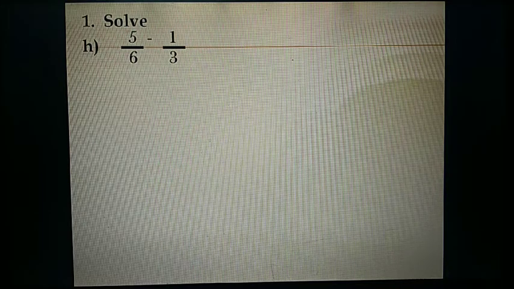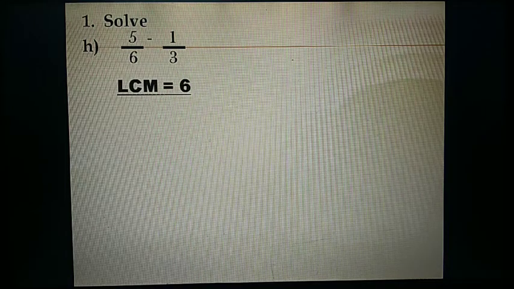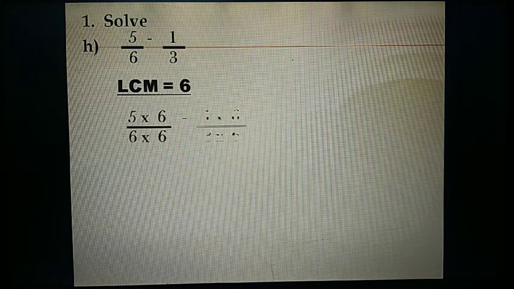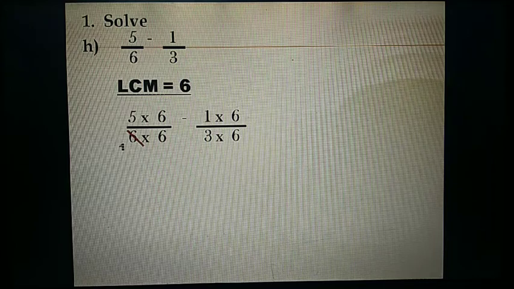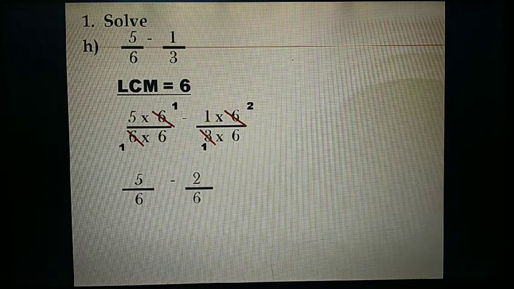Next is 5 upon 6 minus 1 upon 3. Here, the numbers in the denominators are not co-prime, but 6 is a multiple of 3, so LCM is 6. Again, multiplying both the fractions by 6. Perform cancellation. Multiply the numerator part.